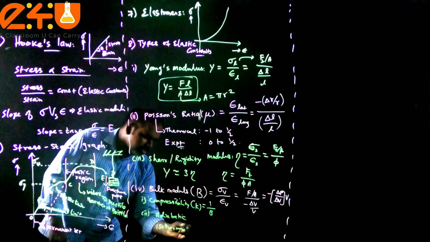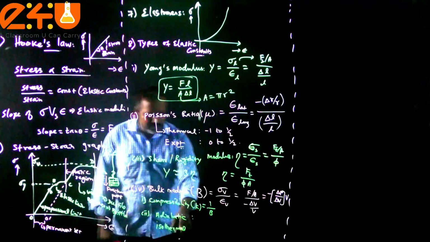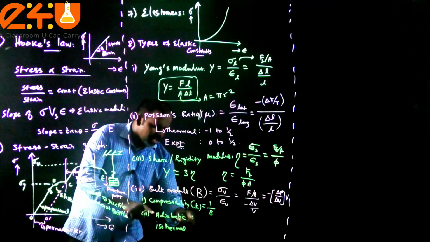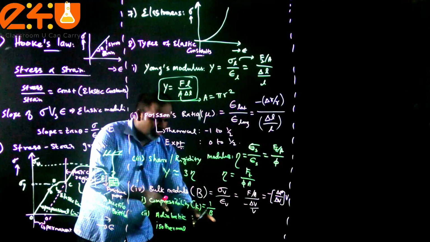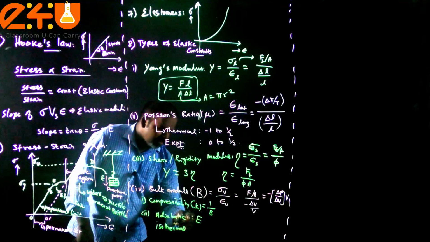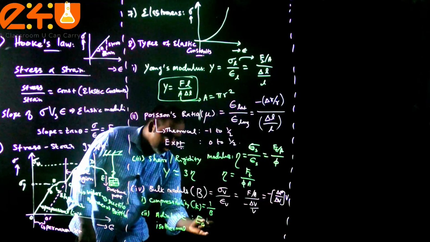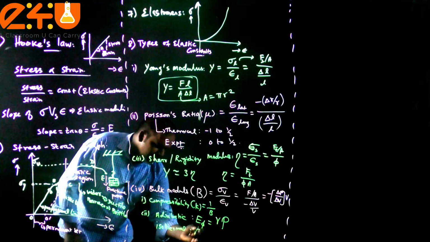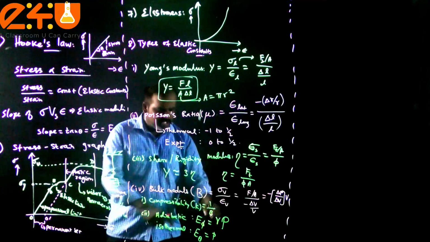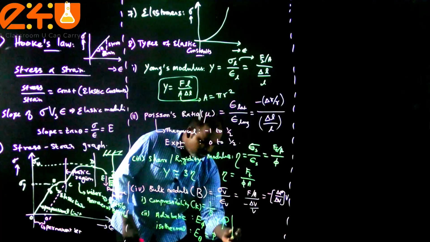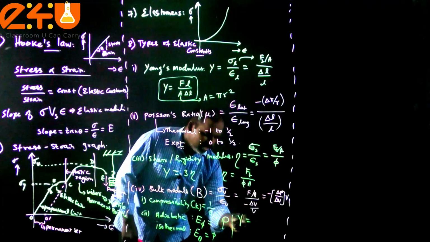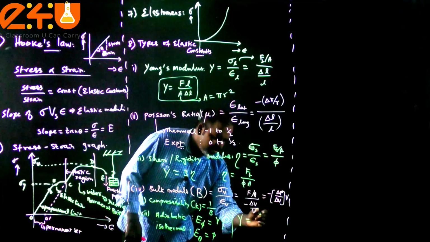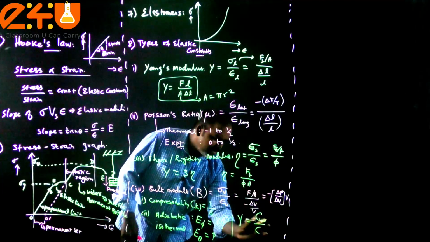The proof of this I will give during the discussion of thermodynamics, but right now I can write that during the adiabatic process there is a change in volume, and the elastic modulus for the adiabatic process is given by E phi, that is gamma P, and for isothermal, E theta is equal to P. Therefore, by dividing this, we know that in thermodynamics the constant gamma, the specific heat ratio, is given by Cp by Cv.